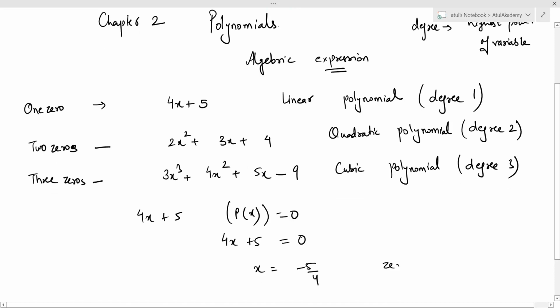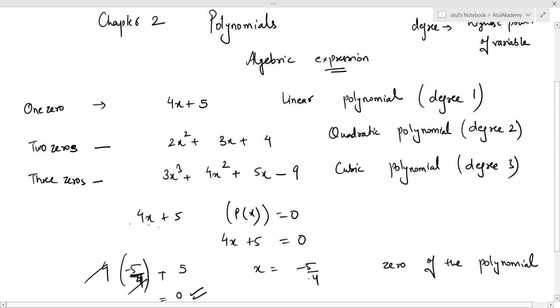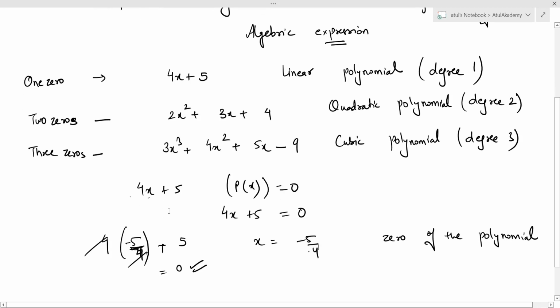That's the zero of this polynomial, which satisfies this expression. If I put x as minus 5 by 4, minus 5 plus 5 is 0. So the value of this polynomial will be 0. That is called the zero of the polynomial.